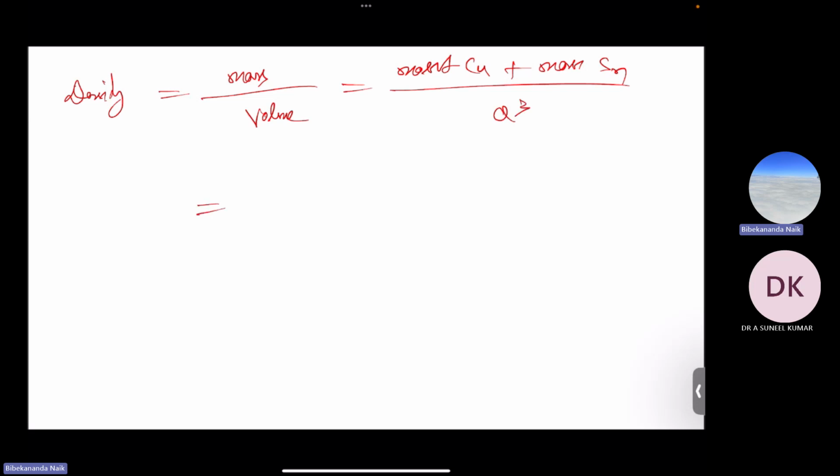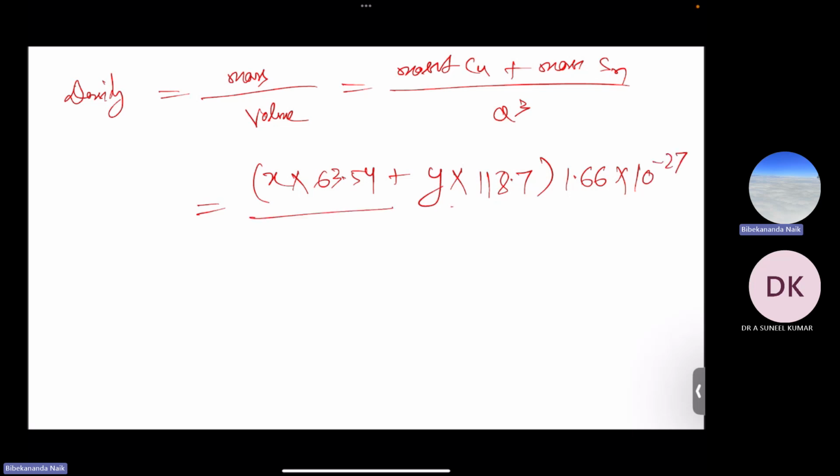Since the contribution is X for copper and Y for tin, we will multiply the mass of copper with X. The mass of copper is given as 63.54 atomic mass unit, plus Y into the mass of tin, 118.7, and since amu is given, we will multiply by 1.66 into 10 to the power minus 27, divided by 3.903 into 10 to the power minus 10 cube.